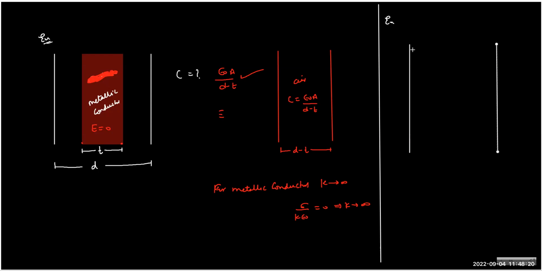If I connect these two plates with the help of a conducting wire, the C will be infinite, because delta V is zero, no?